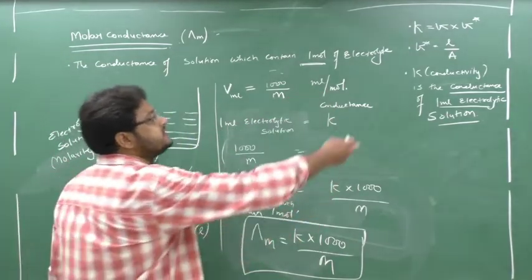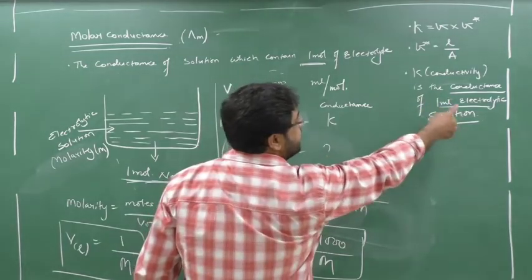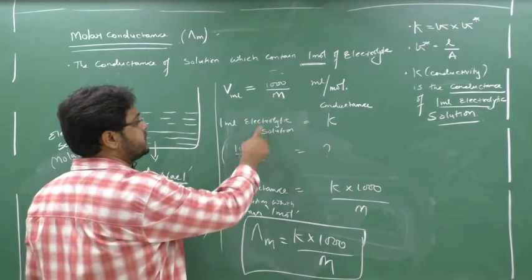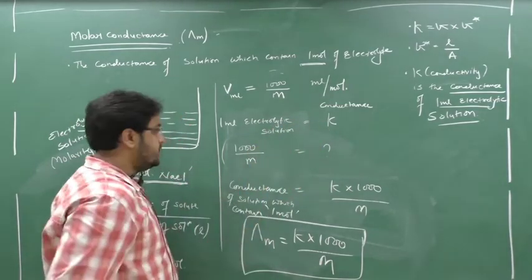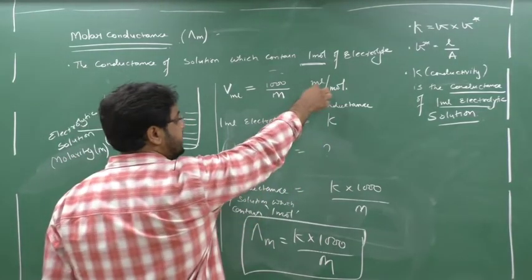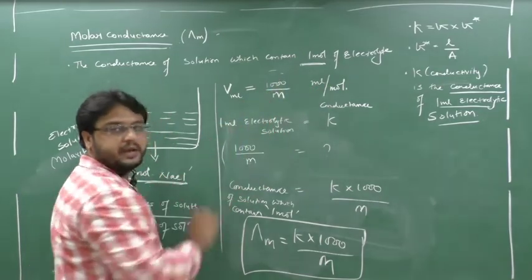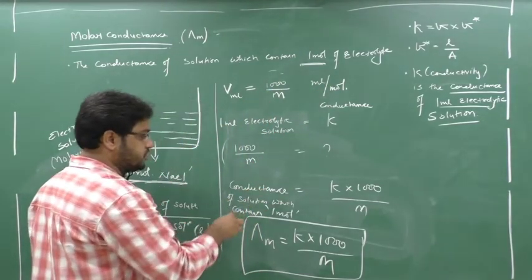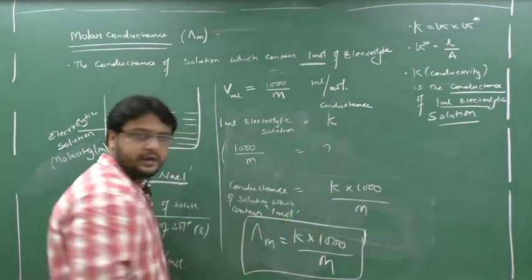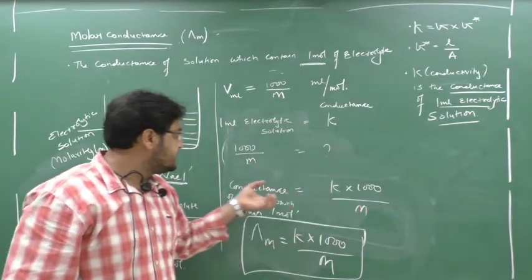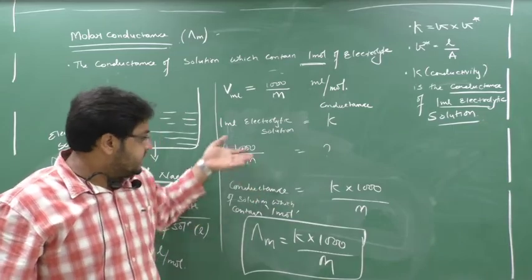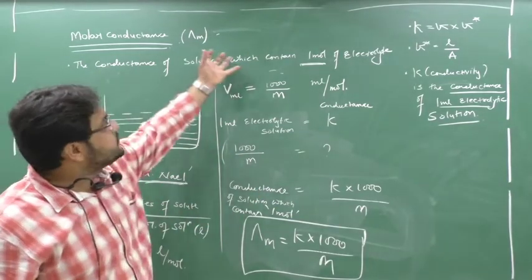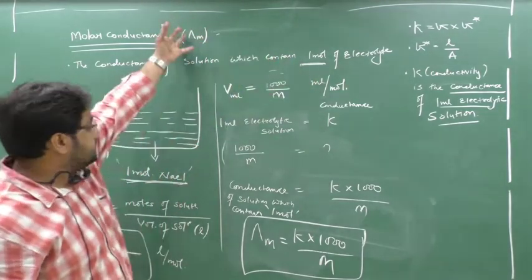Now from this definition, the conductance of 1 ml electrolytic solution is kappa K. So for 1000 by M ml, the conductance of the solution will be K 1000 upon M. And this K 1000 upon M is the conductance of the solution which contains 1 mole, and that is nothing but lambda m.